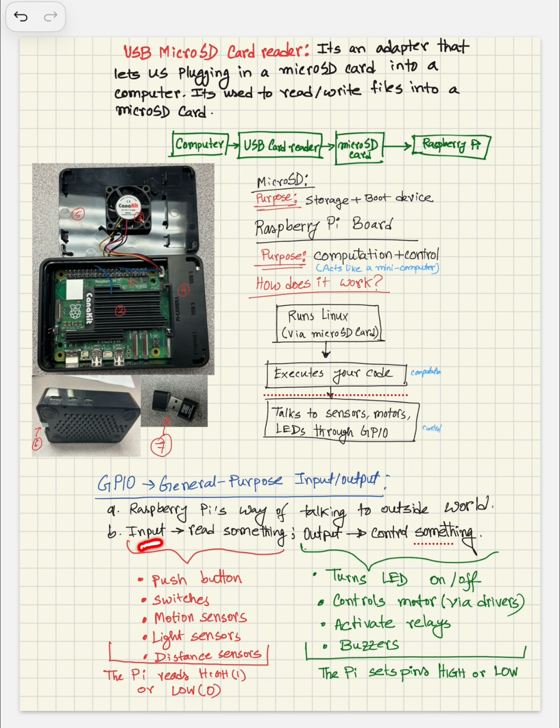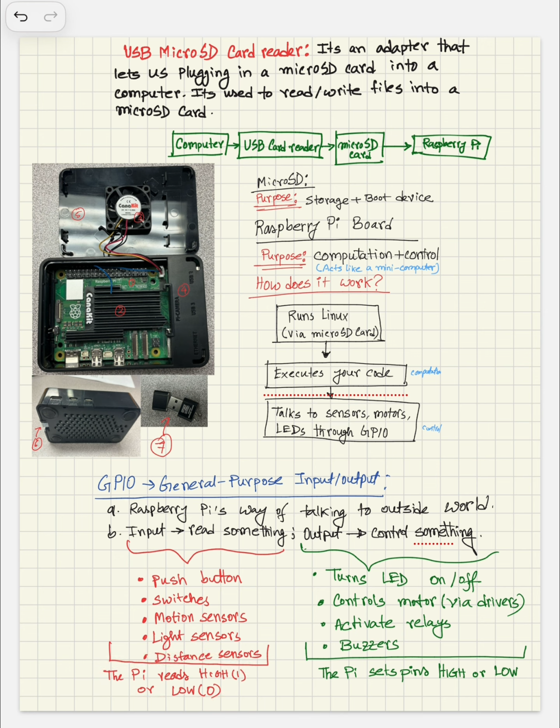For input, the Raspberry Pi board uses the input to read something. Those input signals are provided by various hardware. It can be a push button, switches, motion sensors, light sensors, distance sensors. And the Pi reads all these sensors as high or low, 1 or 0.